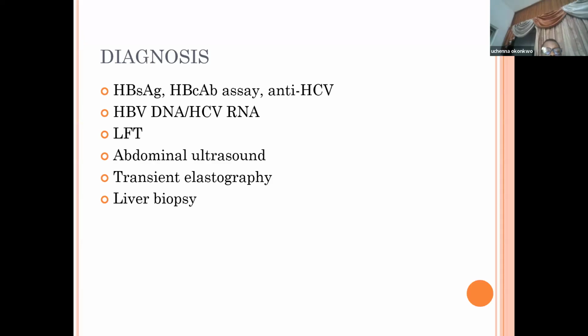Transient elastography, while it's important, even though it's not very much available around here, can help if it's available. And then liver biopsy, even though again, it's no longer popular, even in our own practice, and really not usually indicated as a means of diagnosis for chronic hepatitis.